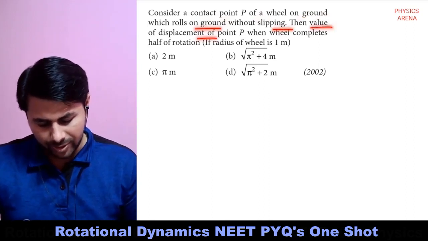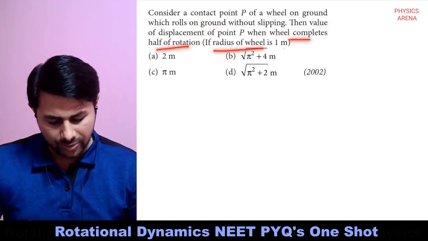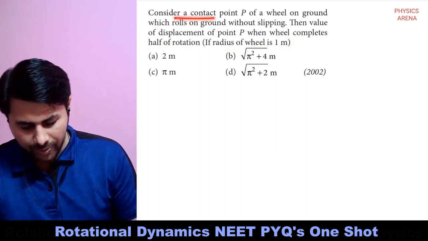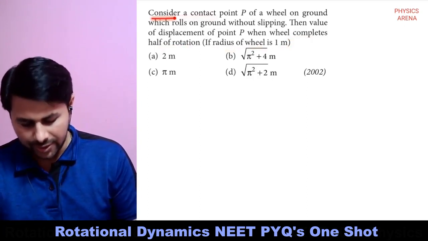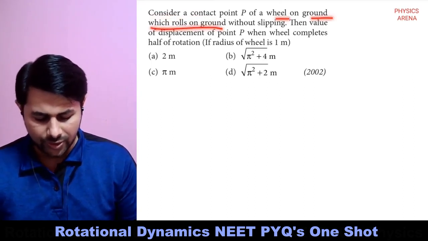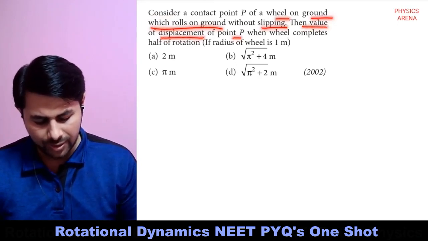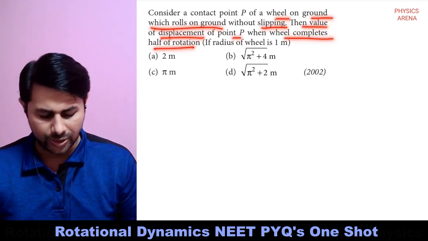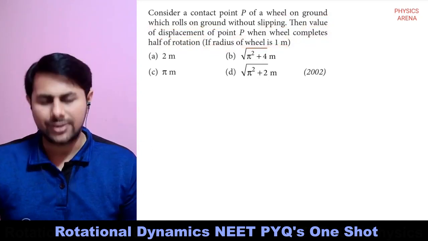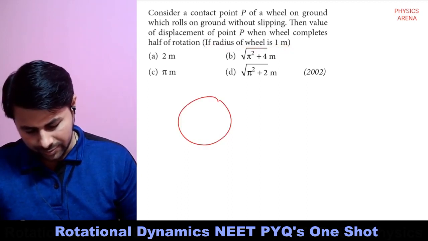Then find the value of the displacement of point P when the wheel completes half a revolution. Okay, this is what we have to find out. The radius of the wheel is 1 meter.